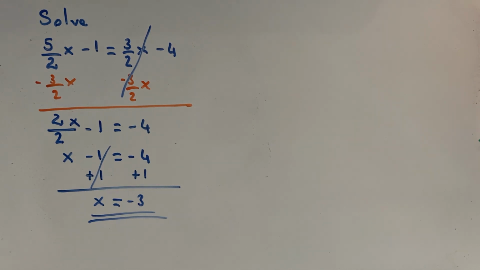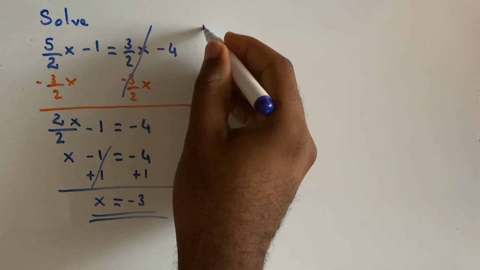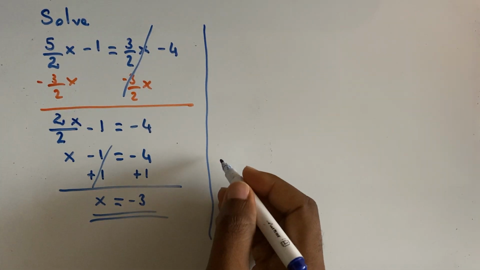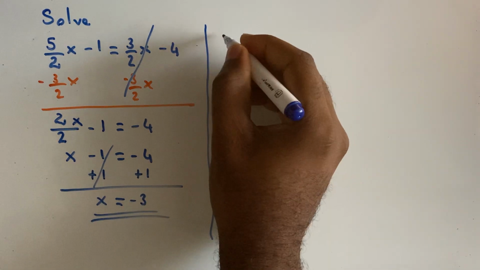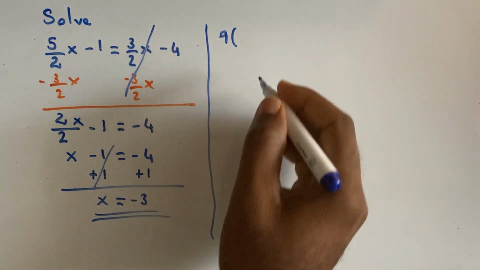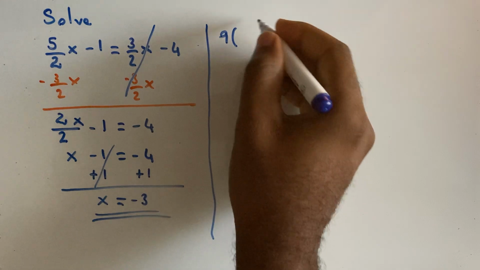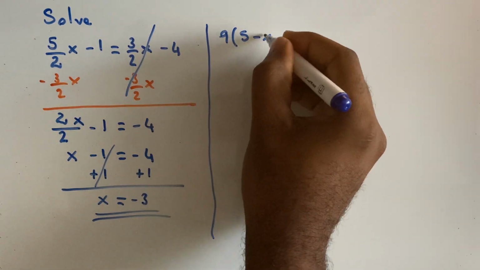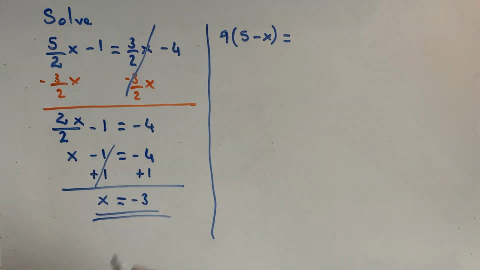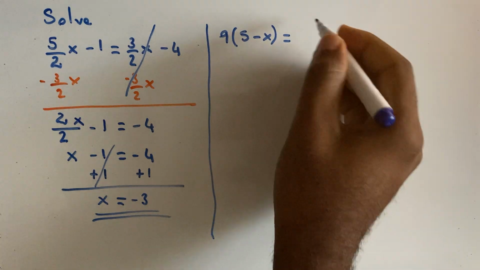Okay, let's say we have another one here. Let me just separate this. So let's say you need to solve this one, and it's 9 times (5 minus x) equals negative 3x.